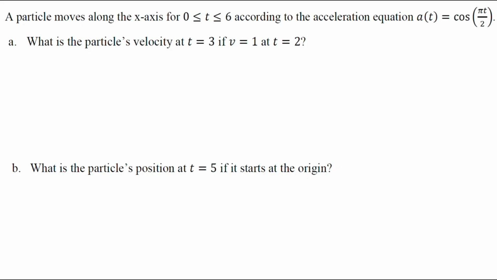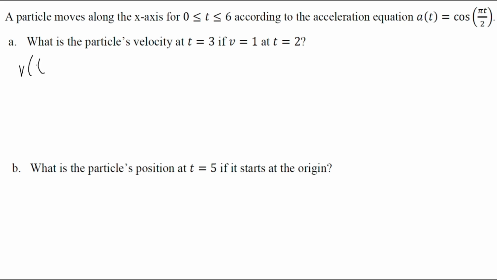So our next one here gives us a particle moving along the x-axis on a restricted interval just from 0 to 6. And we've got the acceleration function, a of t, which is the cosine of pi t over 2. And we want to find the particle's velocity at t equals 3 if the velocity is 1 when t is 2. So it's just a differential equation here.